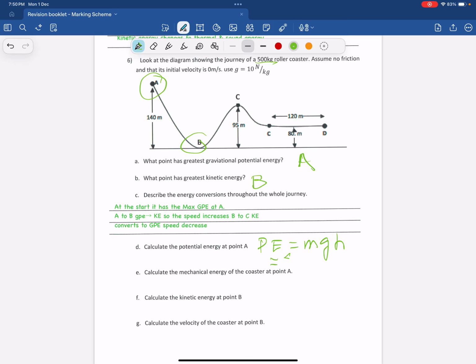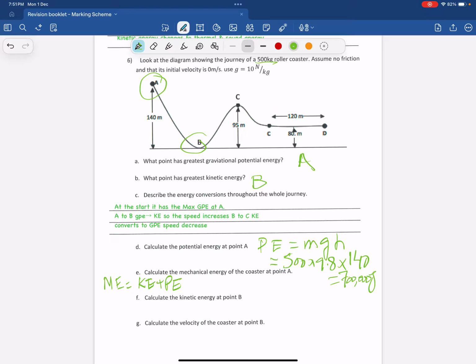So 500, and we are using 9.8, and because it is point A, the height is 140. If I use my calculator, 700,000 joules. So that is the potential energy, we have got it. Now mechanical energy, so we know mechanical energy is equal to kinetic energy plus potential energy.